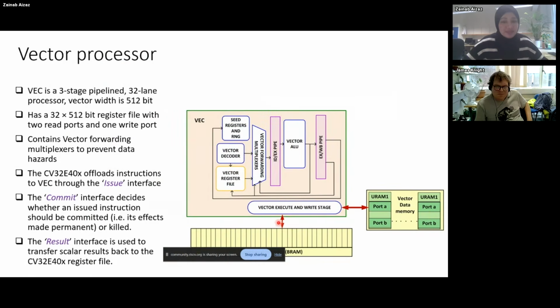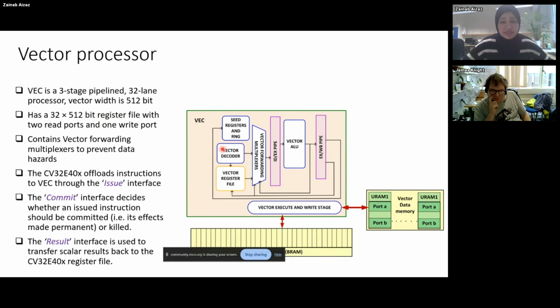Now, this is the vector processor. This is completely designed by us, and it is a coprocessor to the RISC-V processor. It is a 3-stage pipeline, 32-lane processor. Lanes are the parts of the vector processor. If there are 32 lanes, then 32 operations are executed simultaneously by the processor. This is how lanes work in a vector or SIMD processor.